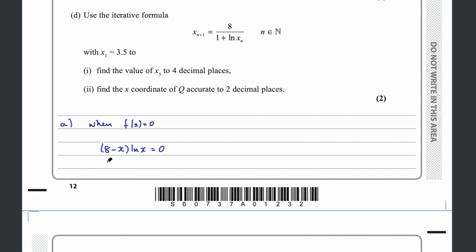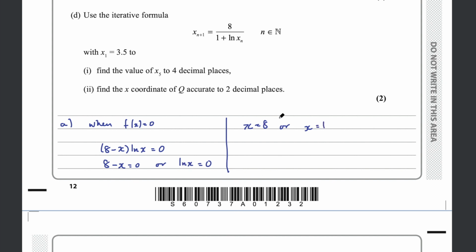And then we have 8 take x equals 0, or the log of x equals 0, and then solve each of these. So if 8 take x is 0, then x must equal 8. Or if log of x equals 0, then x must equal 1. So the log of 1 is 0.